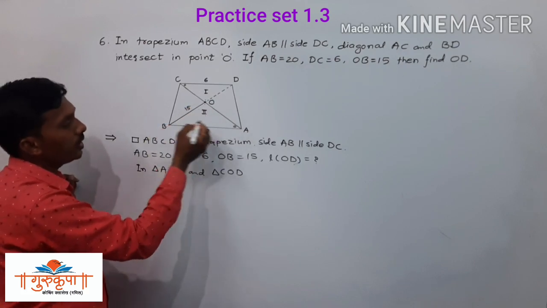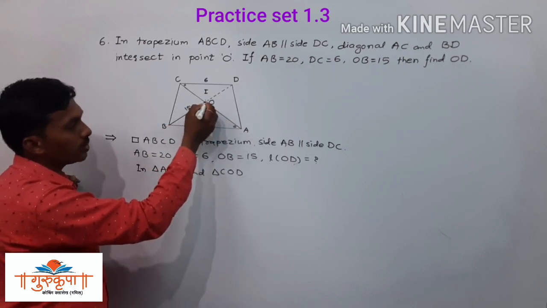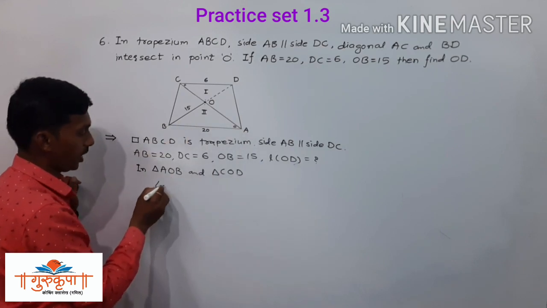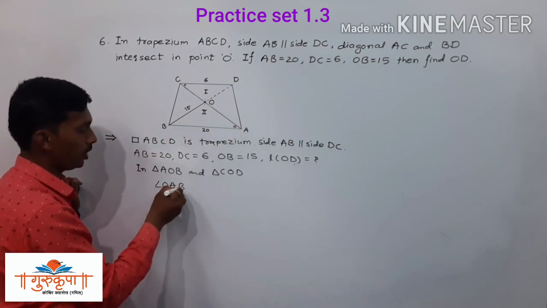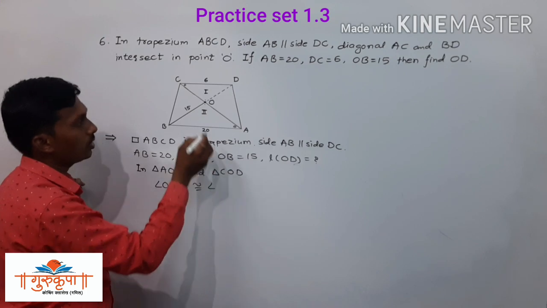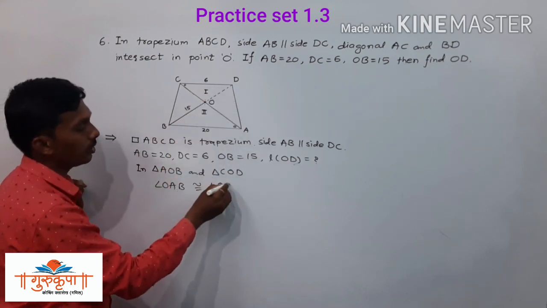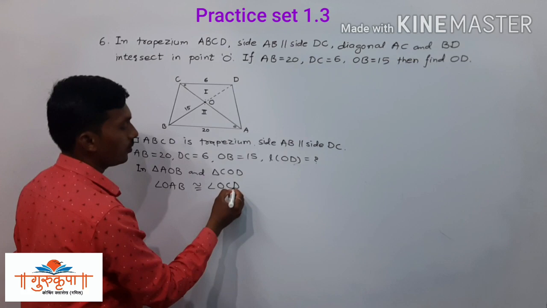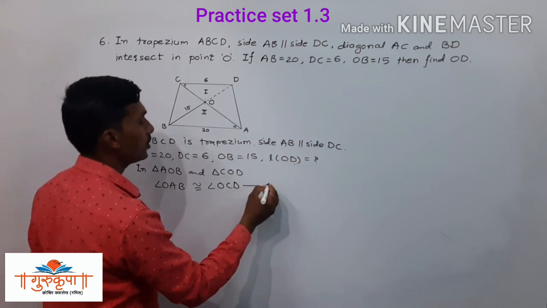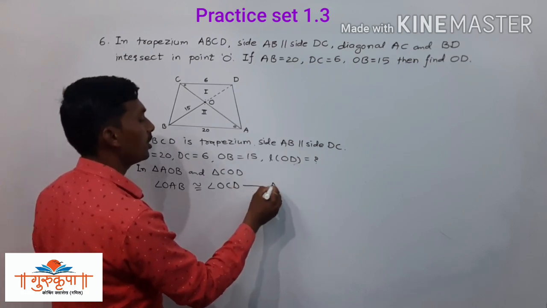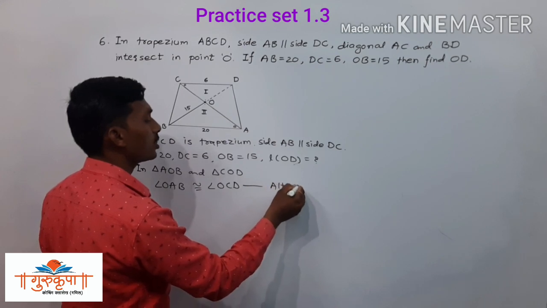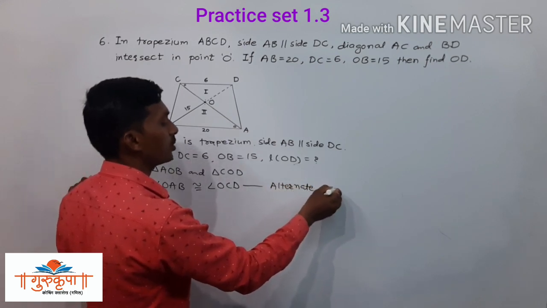Angle BAO, or you can write it as OAB, angle OAB is congruent to angle OCD. And the reason why these two angles are congruent is alternate angles theorem, or simply you can write alternate angles only.